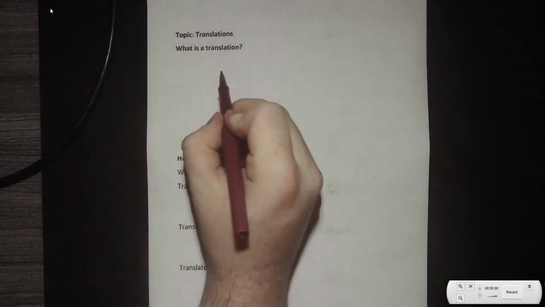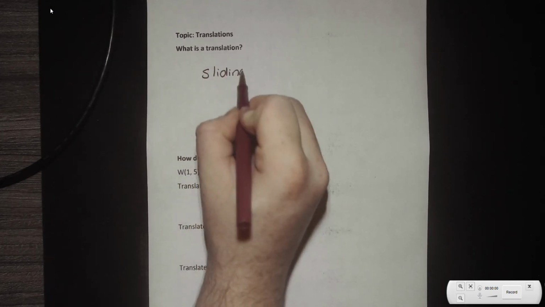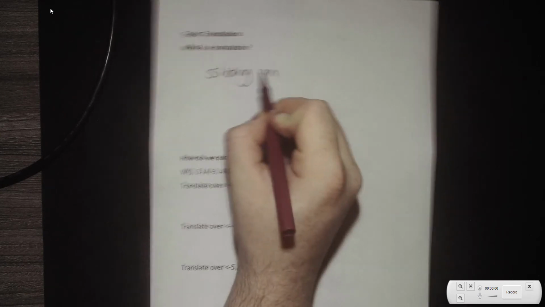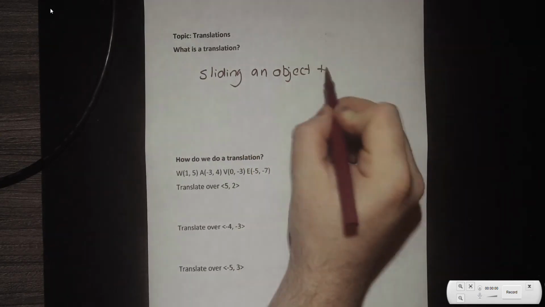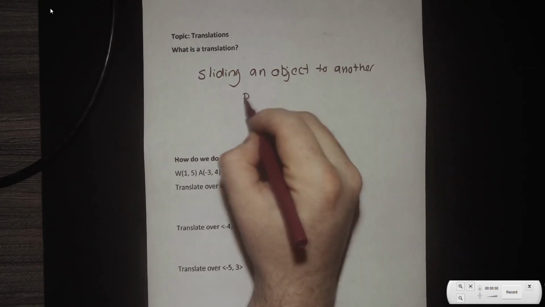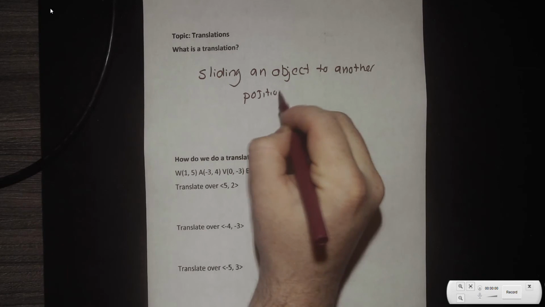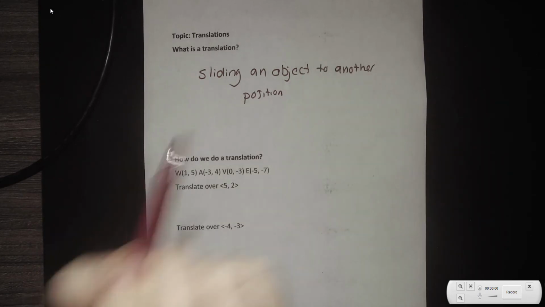So when I translate, I am sliding an object to another position. So if you've ever seen that thing called the cha-cha slide, it really should be called the cha-cha translate.